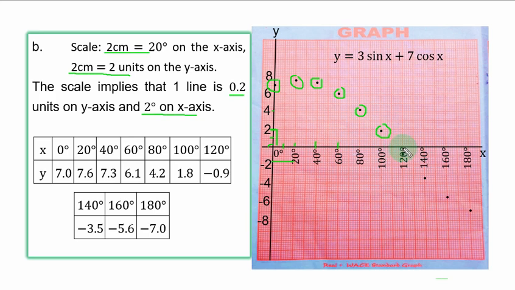You have minus 0.9 there. When s is 140, y is minus 3.5. When s is 160 degrees, y is minus 5.6. And when s is 180 degrees, y is minus 7.